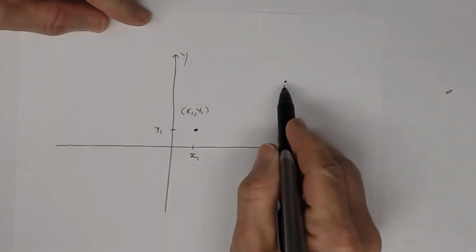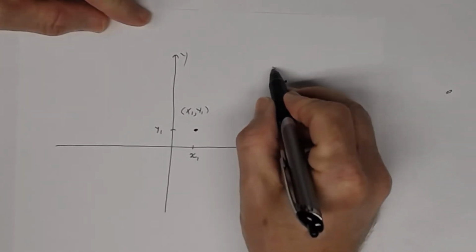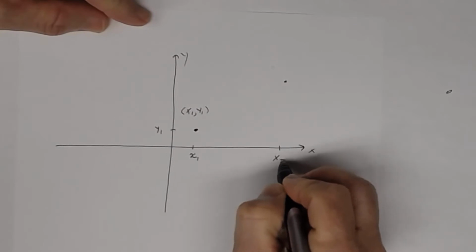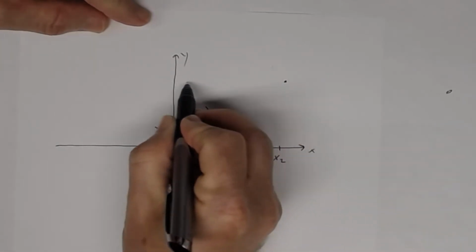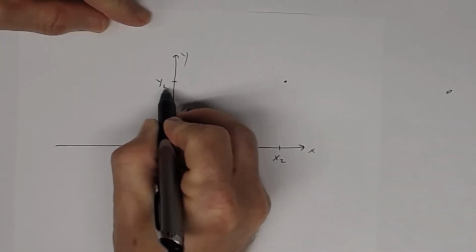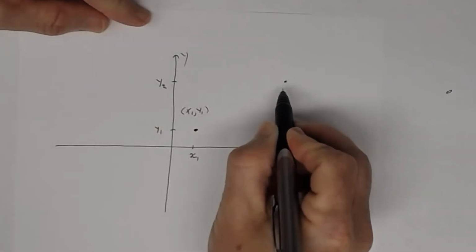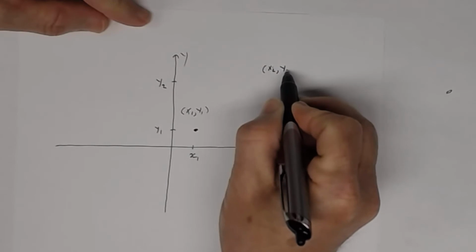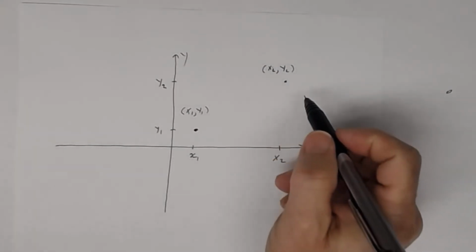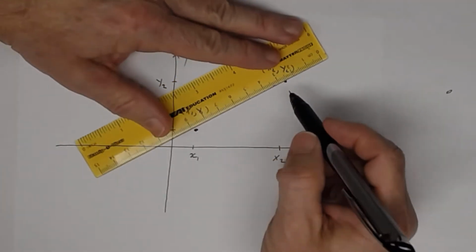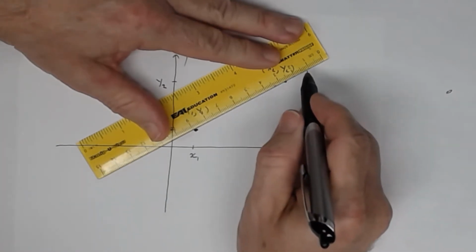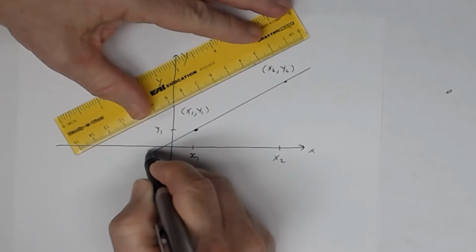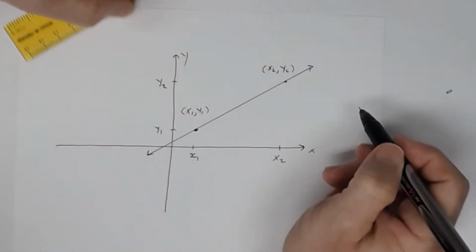For the second point, let's call this x-coordinate x sub 2, and this y-coordinate y sub 2. So the coordinates of the second point we're going to label x2, comma, y2. And what I'm interested in is how to come up with the formula for the slope of that line.